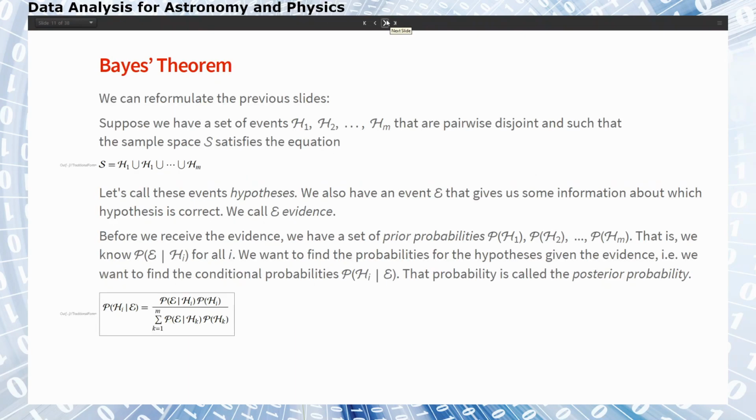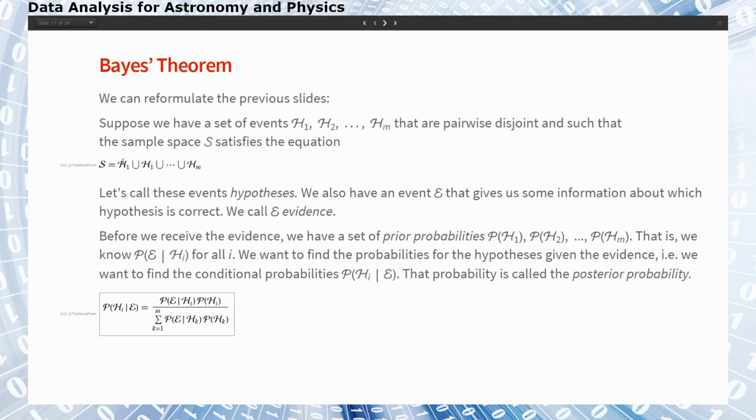We can reformulate also the previous slides when we have a set of events H1 to Hm, which are pairwise disjoint, such that the sample space is the union of all the individual events.